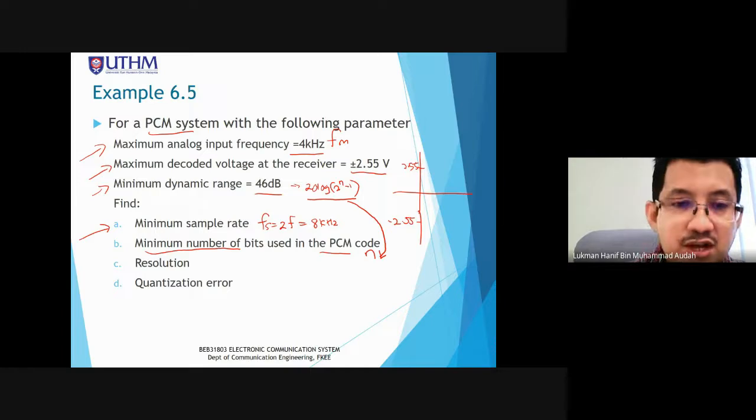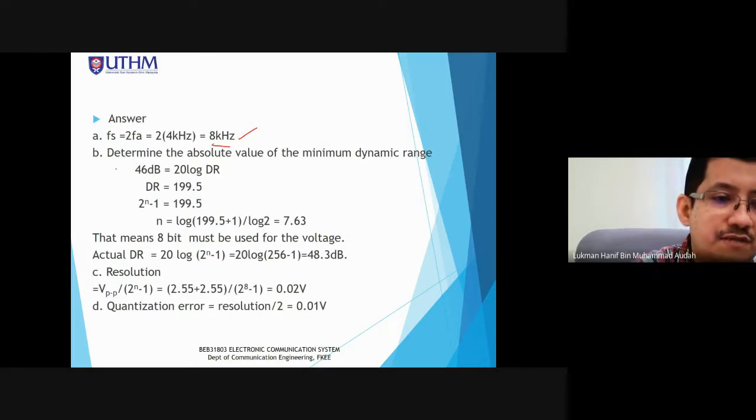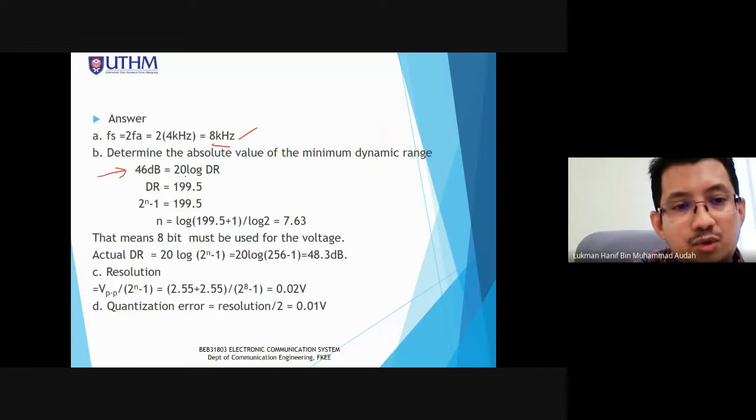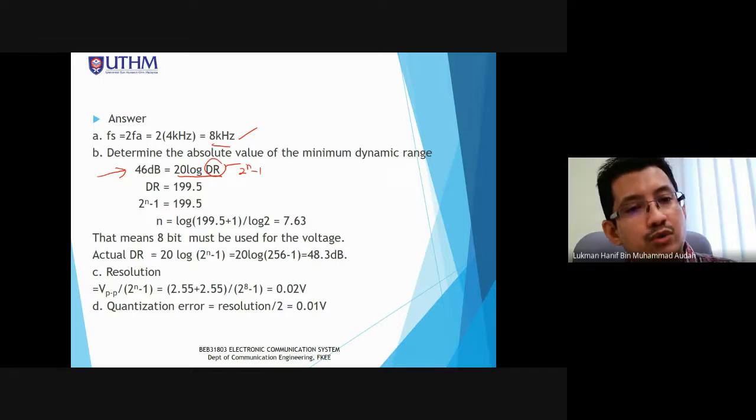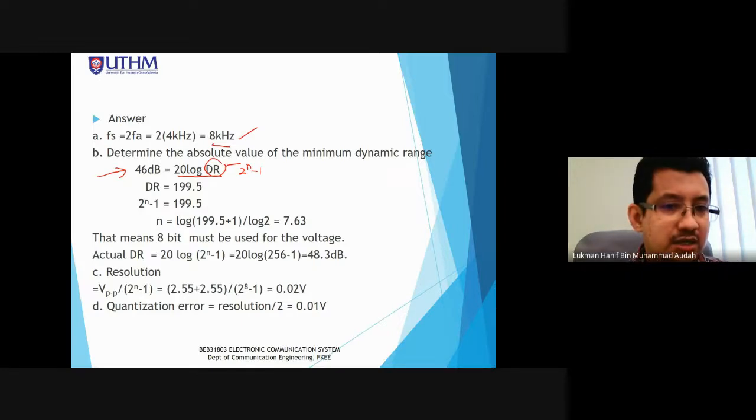Okay, so therefore kalau you lihat di sini 46 dB for the dynamic range is equal to 20 log dr. 20 log dr here is 2 power of n minus 1. Okay, so kalau you bahagikan 46 bahagikan dengan 20, kemudian you buat anti-log.